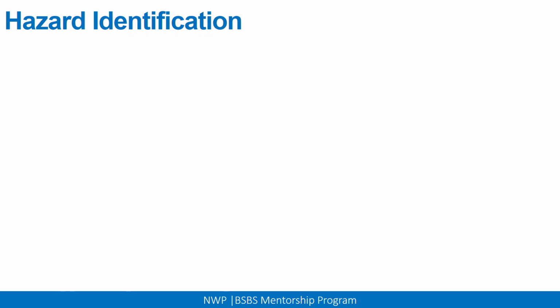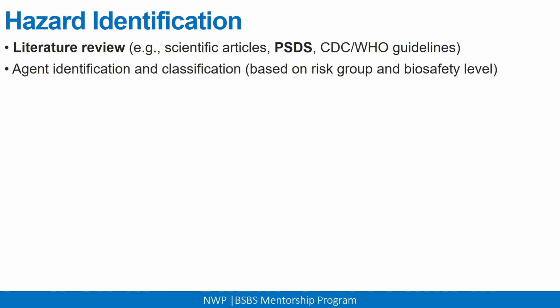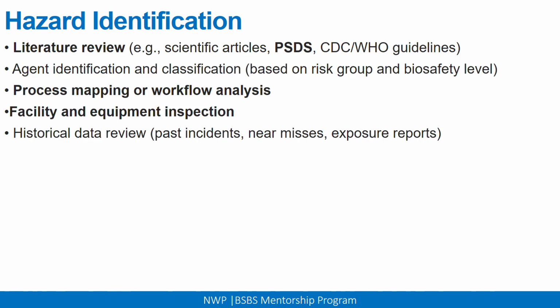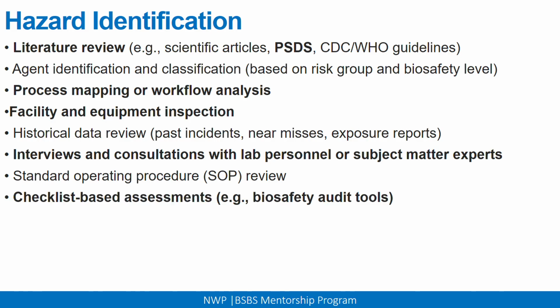You can either do a literature review, agent identification and classification, process mapping, facility and equipment inspection, historical data review, or conduct interviews and consultations with the lab personnel or subject matter experts, or you can review your standard operating procedures.